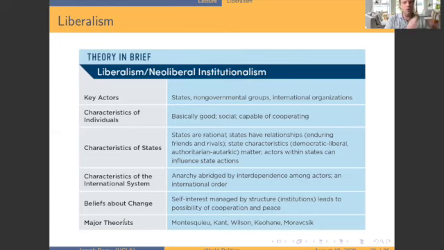Again, as I mentioned in week one, it's important to note here that when we say liberalism, we're not talking about the American political system, anyone who's left of center, right? We are talking about liberalism, the lowercase L theory of how the world works. So when I talk about liberalism, try to keep in mind that I'm not talking about the Democratic Party or anything that's left of center.